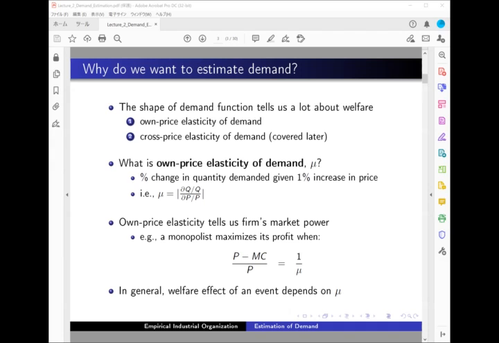This should be intuitive because inelastic demand implies that consumers do not cut back much in consumption when the firm raises the price. And so the firm can bid up the price to make a large markup. Anyways, in general, the welfare effect of any event depends on the own price elasticity mu.